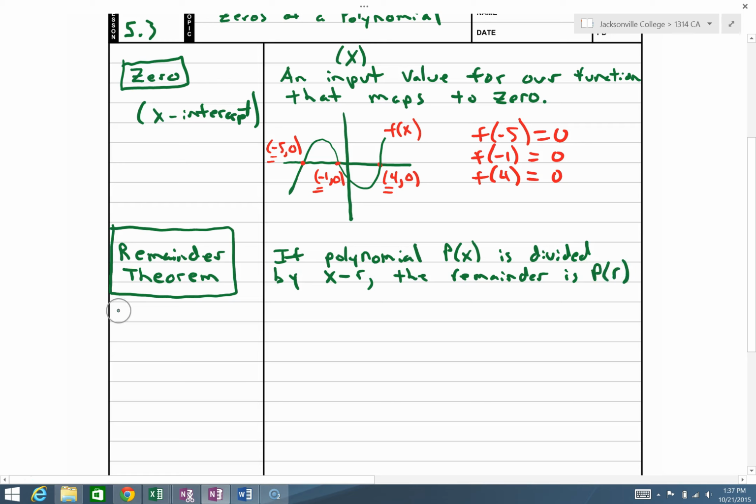There is a proof of this theorem on page 359 of your ebook.